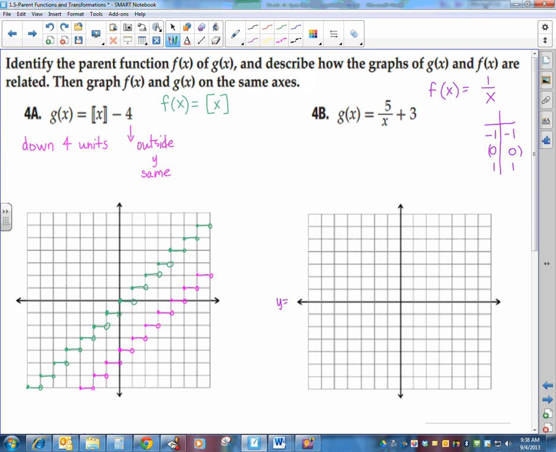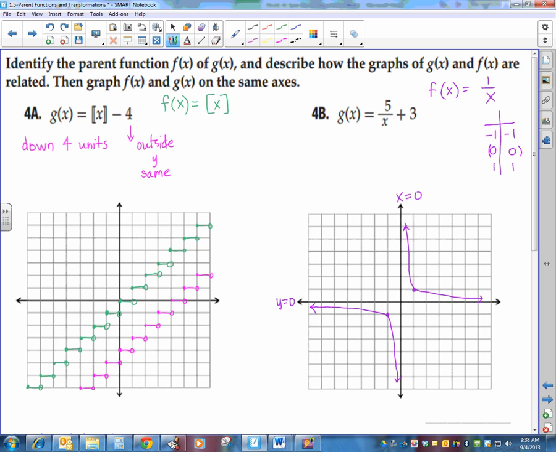So I have one asymptote at y equals 0, one at x equals 0, and then to plot it, I've got my 1 and negative 1. And I'm going to do my best to approach each of those axes asymptotically.